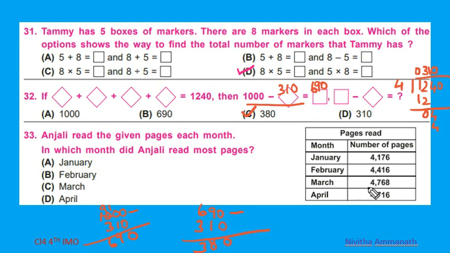We look at the thousands place first, so it's the same. Then we look at the hundreds place, where 2 of them are greatest. So we look at the tens place, so this is the correct option. 4768, so March. So C is the correct option.